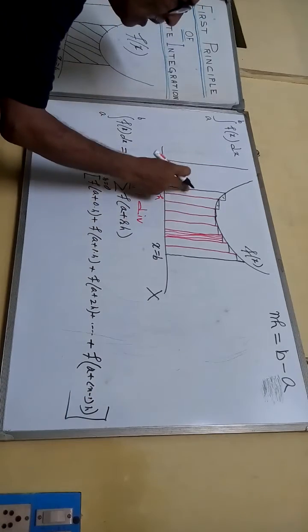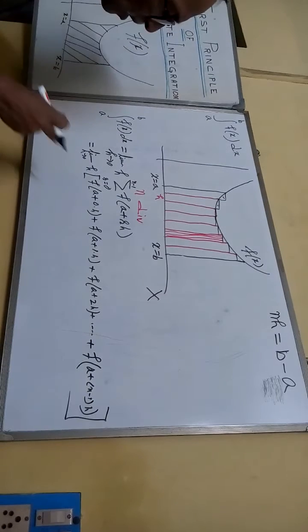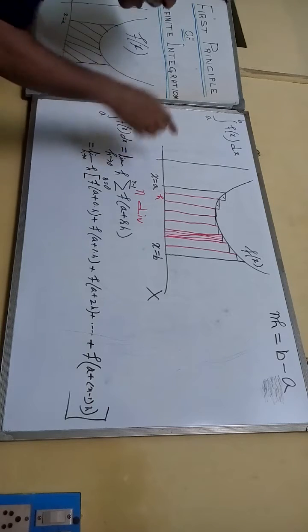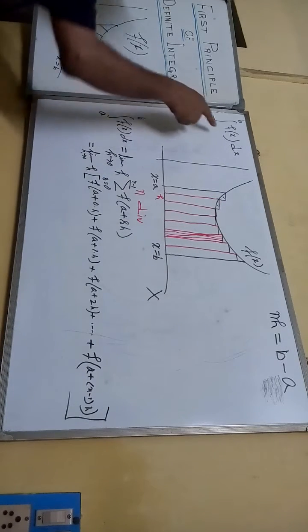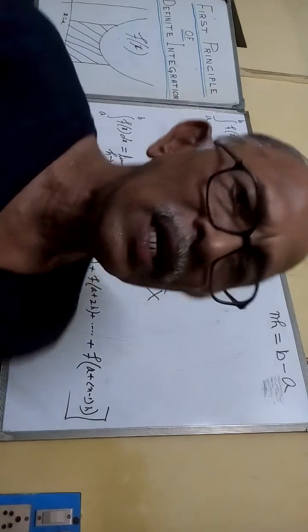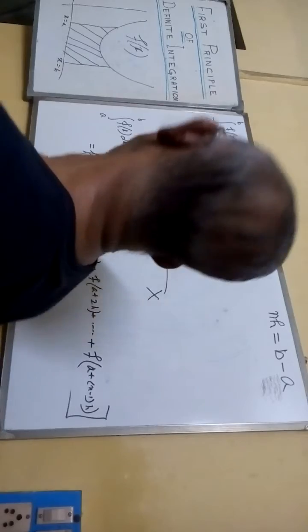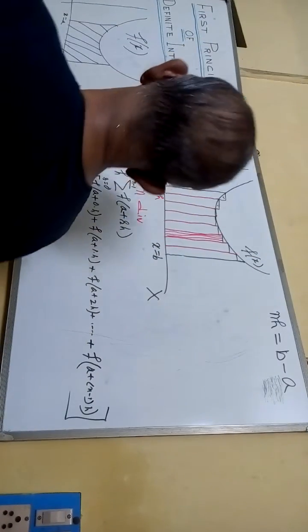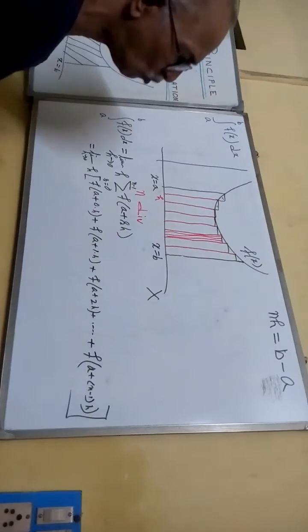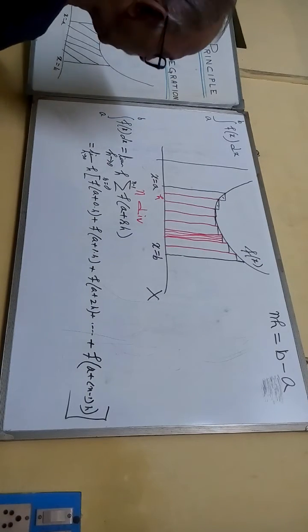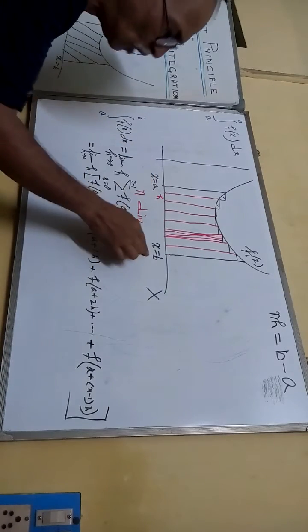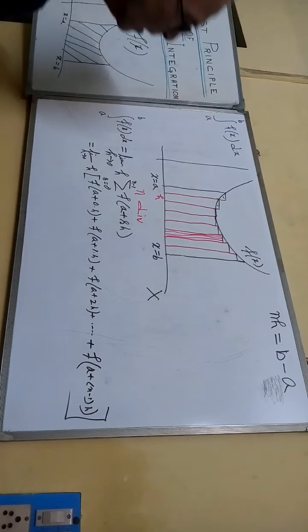In this way we get the area of all the rectangles, and whatever we calculate will be the area under this curve, and consequently the integration of f(x) dx between a and b. See here, first we have to use nh equals b minus a. For given sums we will know a and b, and this is our answer.